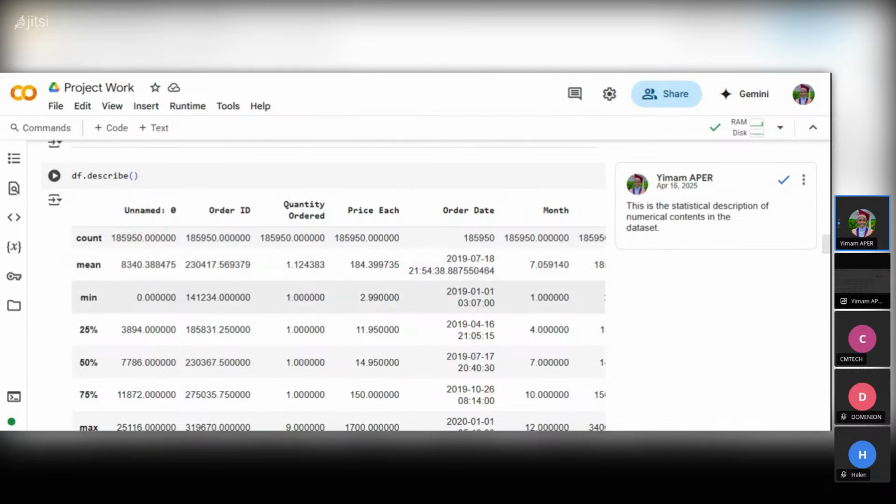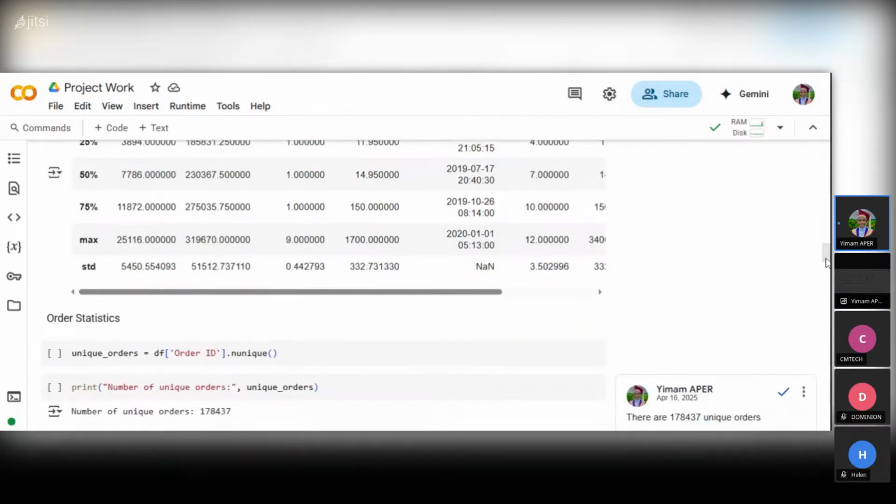We can go back and attest to that. It gave us 25%, 50%, 75%, and the maximum value, and so on for each of the columns. That's why this is easy to use, because it can quickly give us the result. So from there we move to the other statistics.